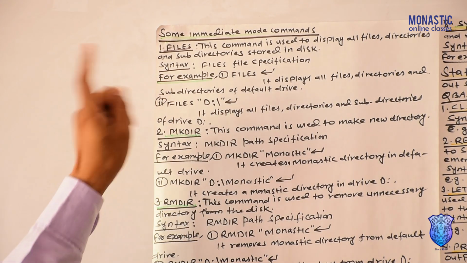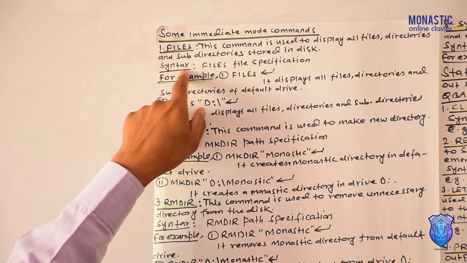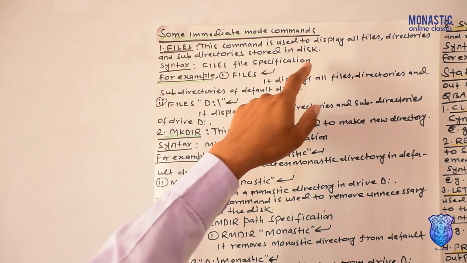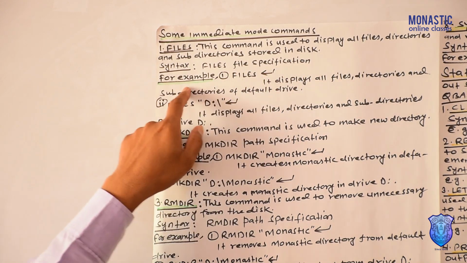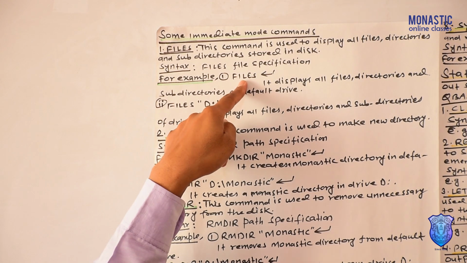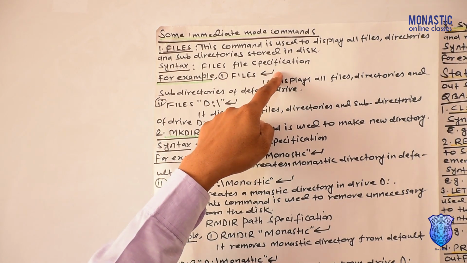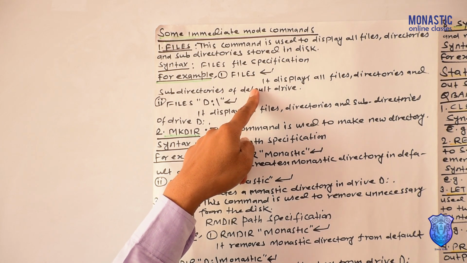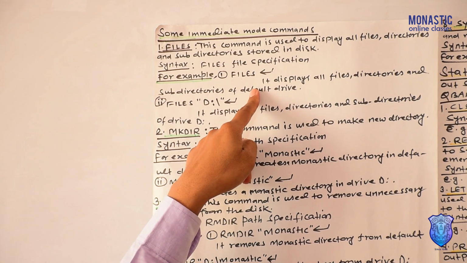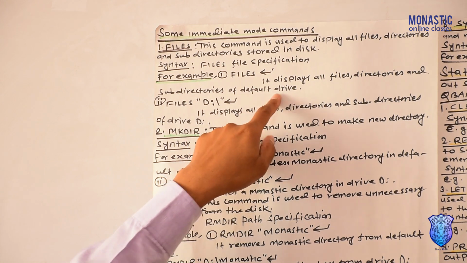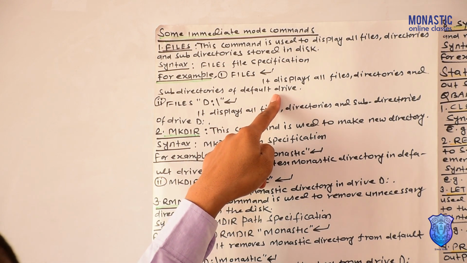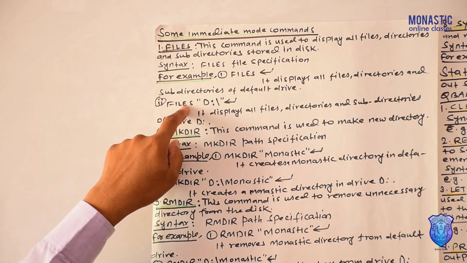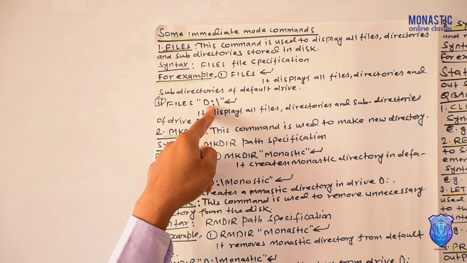First let me discuss the syntax: FILES [file specification]. For example, if you simply write FILES and press Enter, you get all the files, directories and subdirectories of the different drives. Next, for example, you have written FILES and a directory. What do you get?